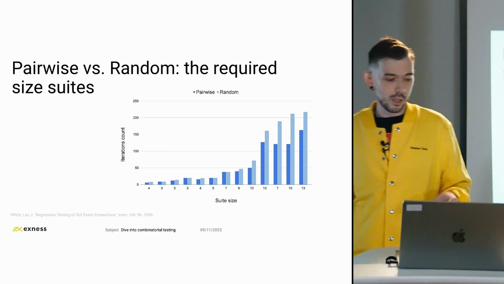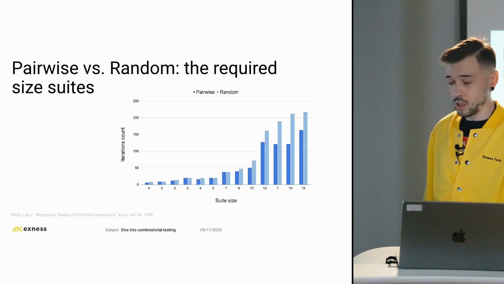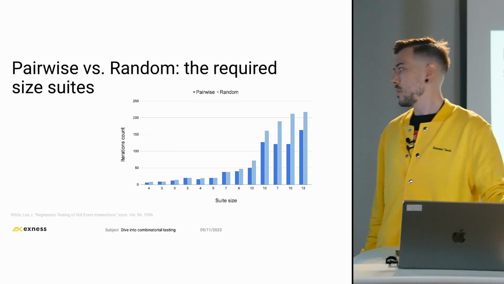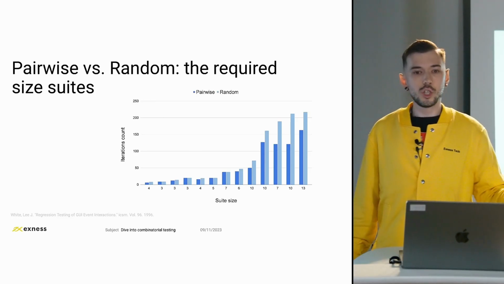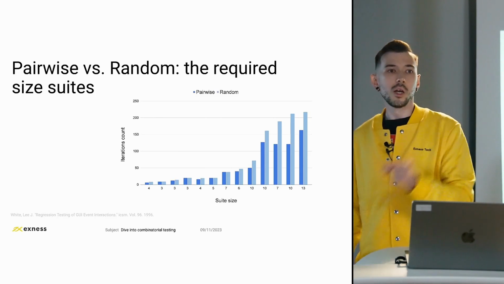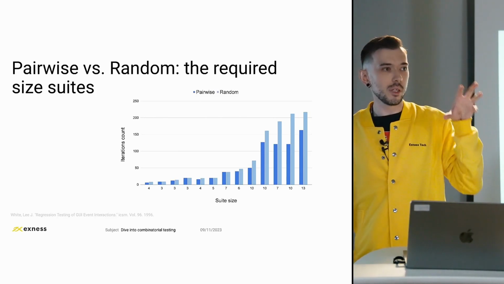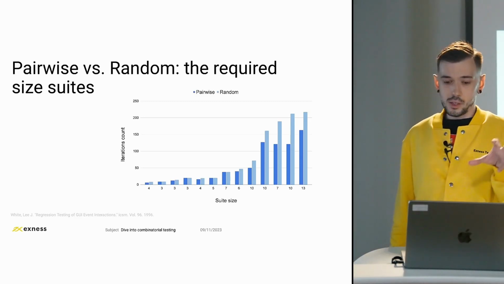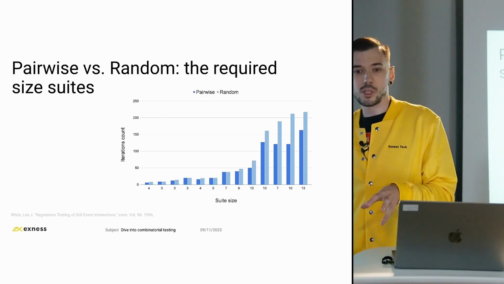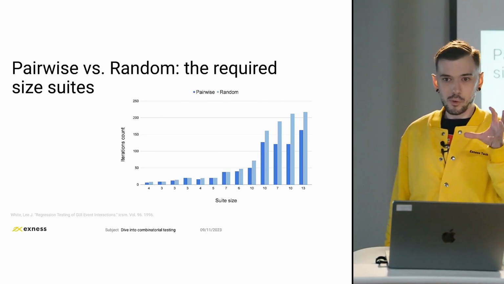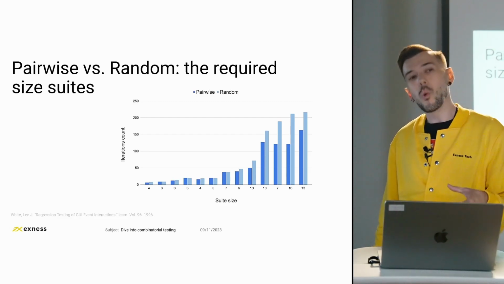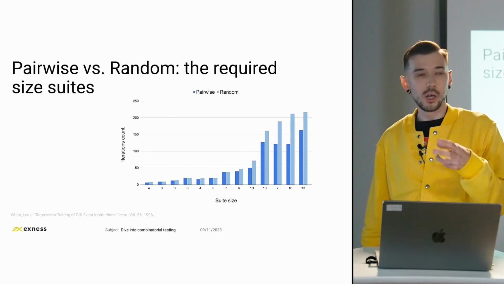They generated test suites using the Latin squares method for pairwise, and at the same time they tried generating full random suites to cover everything that pairwise suggests, and they saw that the bigger the potential pairwise suite, the more iterations are required to get to the same point using randomization.